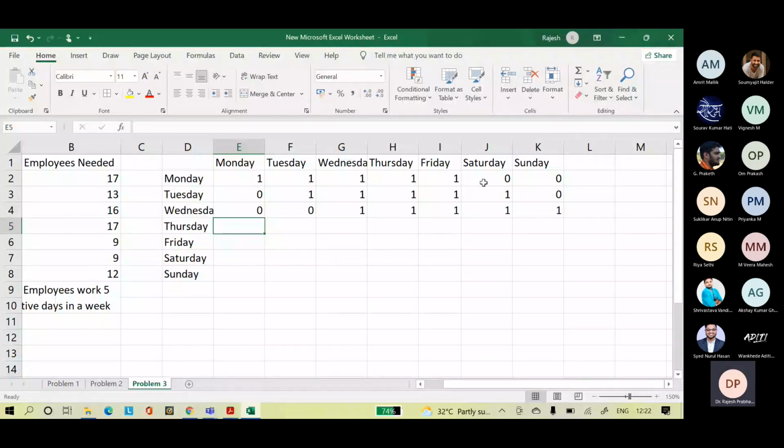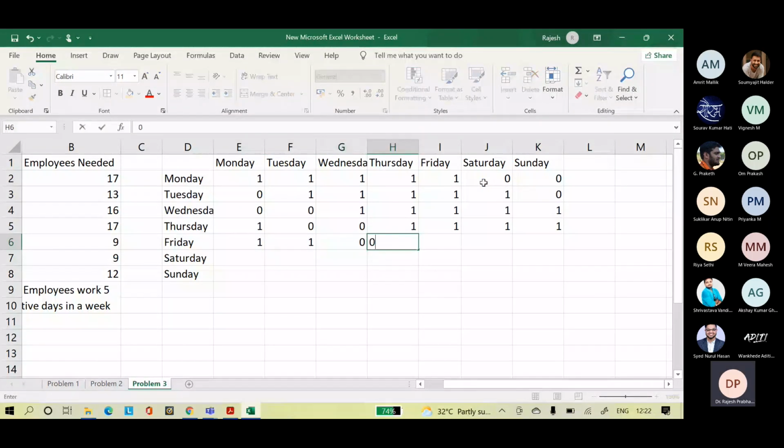Then what will we do? We will do 1, 0, 0, 1, 1, 1, and 1. Then 1, 1, 0, 0, 1, 1, 1.